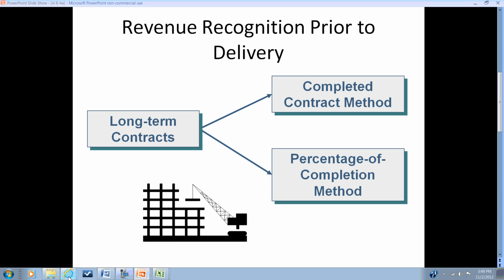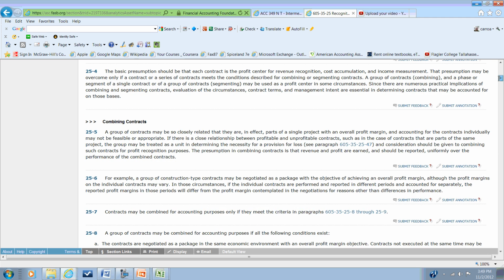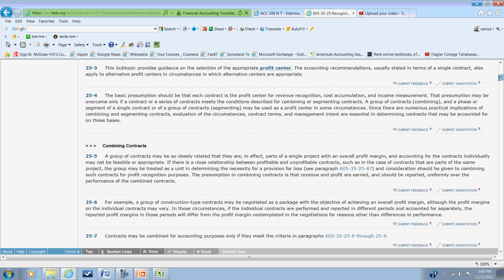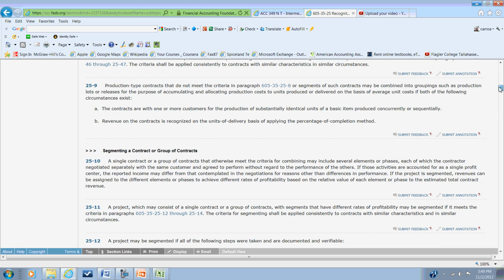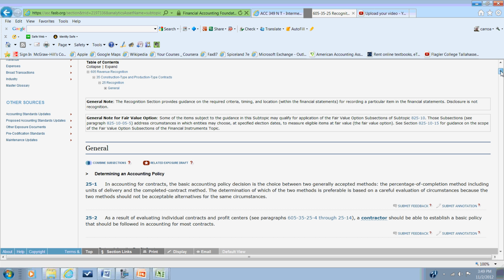Let's go over and take a look at the code. And this is code section 605.35.25, which deals with long-term or construction type projects and the recognition. And in this section, they talk about the two generally accepted methods, the percentage of completion and the completed contract method.